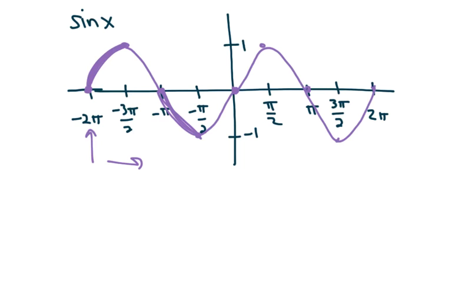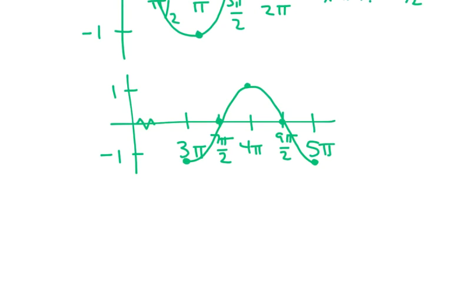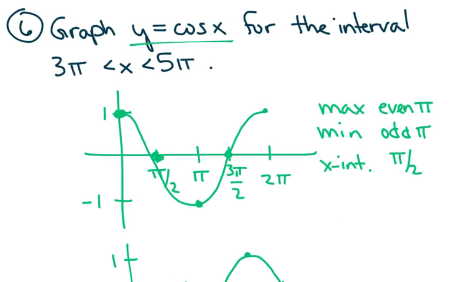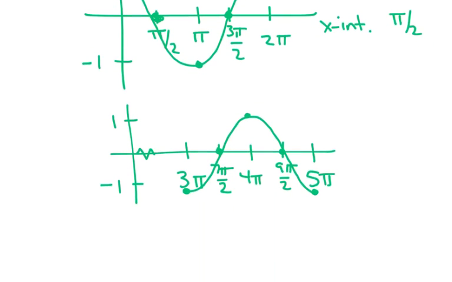The reason I'm mentioning that is because I'm going to go back to this problem. Except now I'm going to change it to sine of x from 3 pi to 5 pi. How would I know what the graph of sine of x is going to look like from 3 pi to 5 pi? Well, we know that the sine graph hits the x-axis at all the integer pi's.